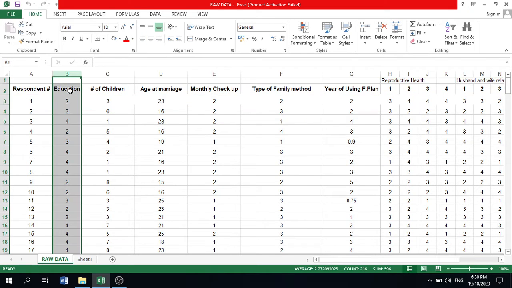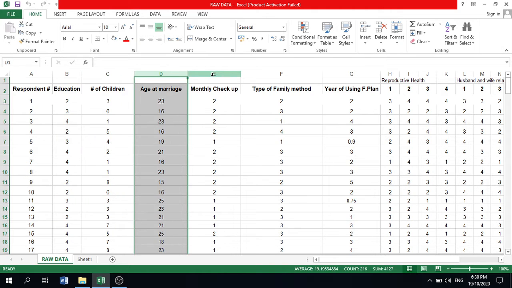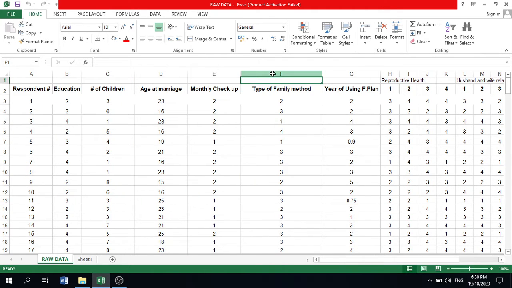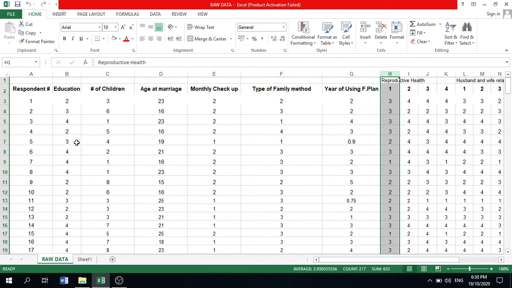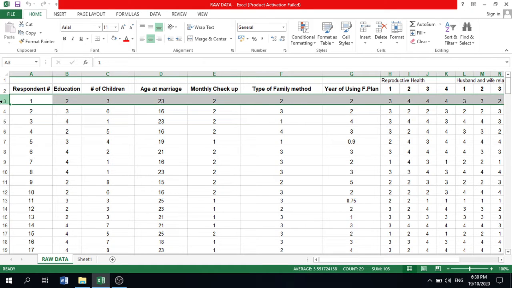As you can see, there are numbers here. I will try to explain first the simpler one before moving to the more complicated options or responses. This is because, as I said in my early videos, it is not always ordinal.